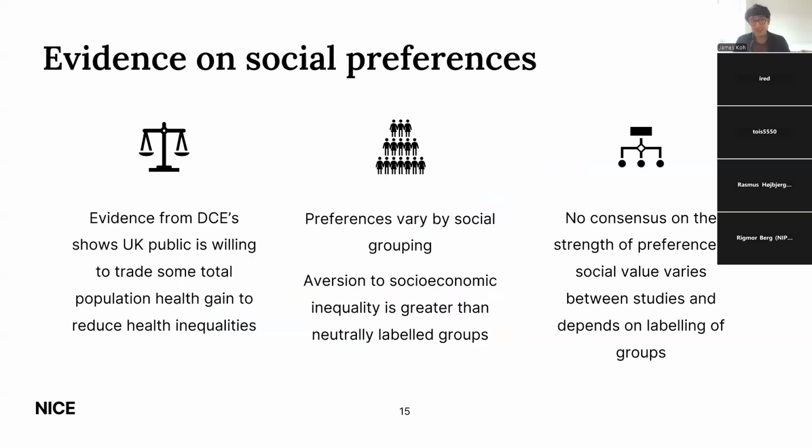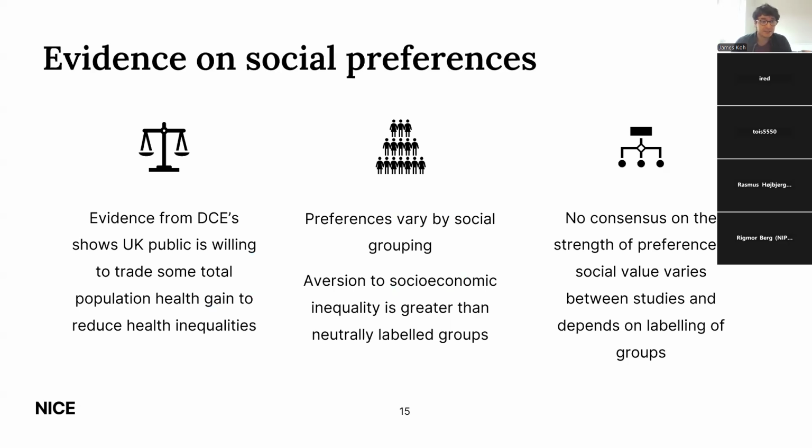but exactly how much priority is the question. And just to finish on this theoretical introduction, evidence on social preferences around this, and how prioritarian we really are, obviously varies from society to society, but it can be captured in experimental evidence from discrete choice experiments. There's been quite a lot of these done in the UK and particularly in England.